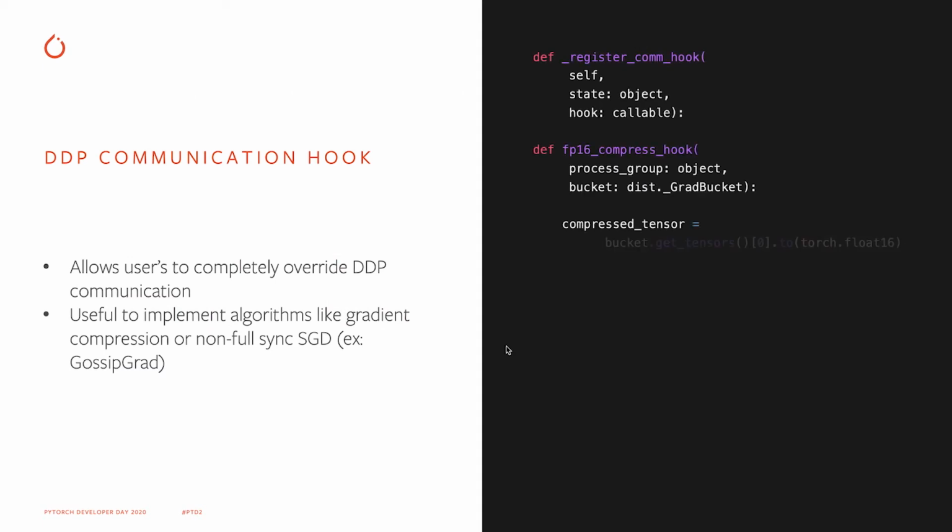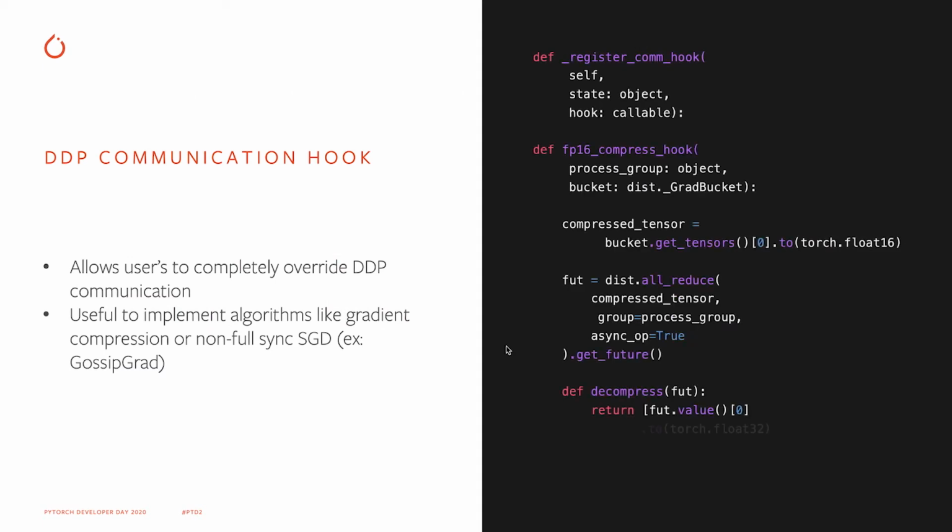Now let's talk about what's coming. What are some of the new improvements in DDP? The first one is the DDP communication hook. What this does is allow you to completely override the synchronized gradient operation that I just talked about. You can register a Python callable and then have some arbitrary logic in terms of how you want to aggregate the gradients.